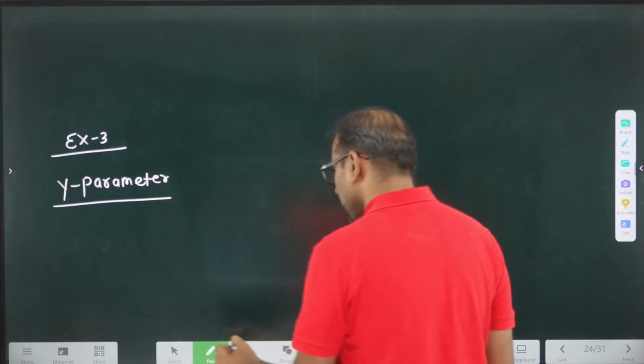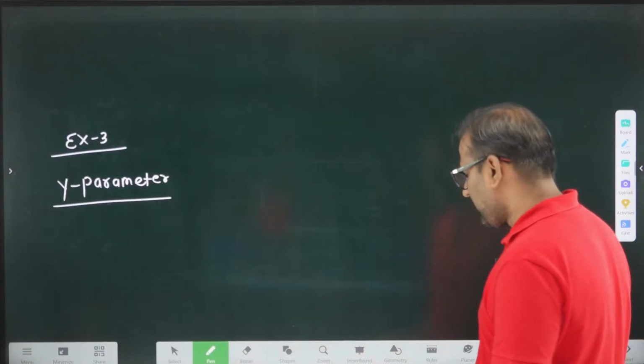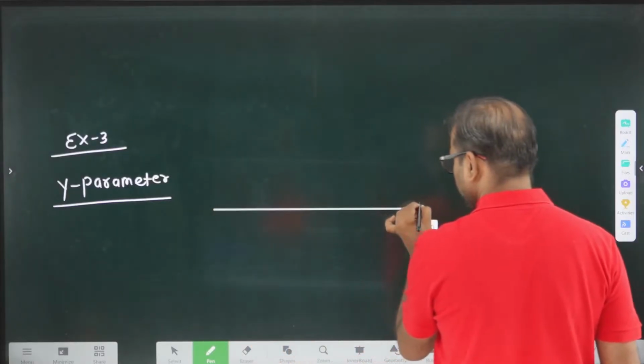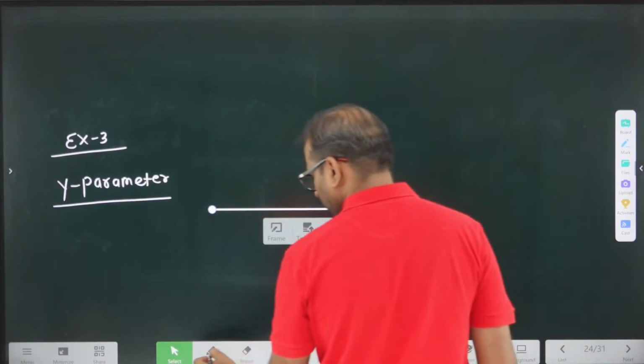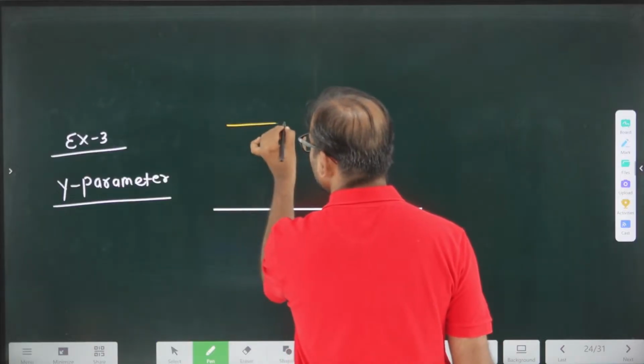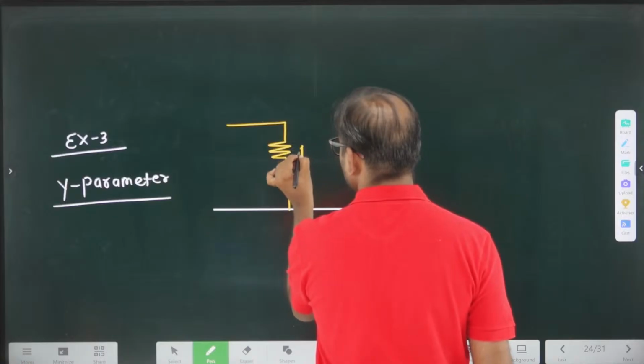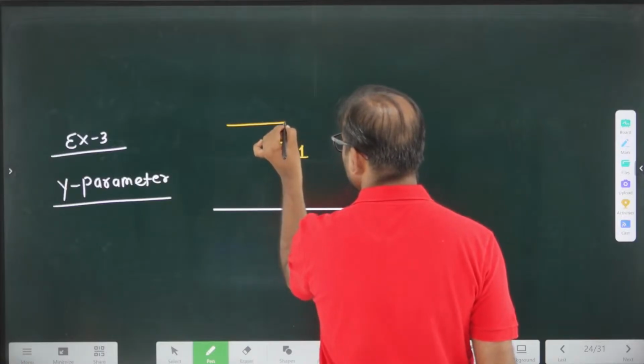of a network. A network is given like this. Let's take it by example. I am calling this value 1 ohm.